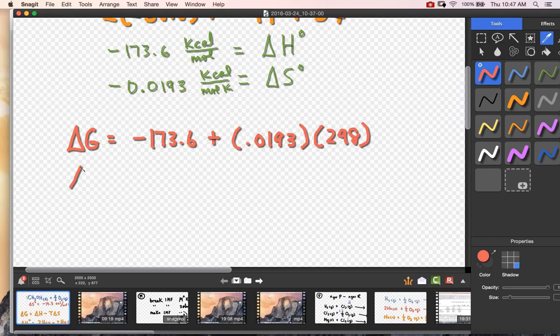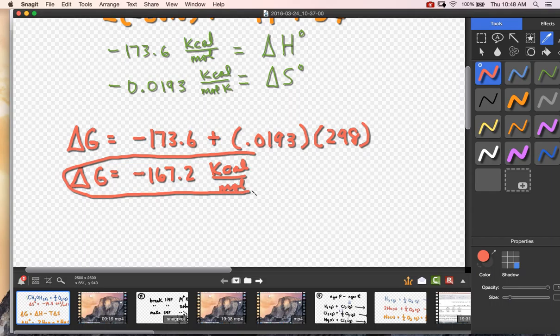I can now add those together. So delta G is minus 173 plus 0.0193 times 298. And this is negative 167.3. Actually, I'm going to round it down to 0.2 kcals per mole. And that answers part A.